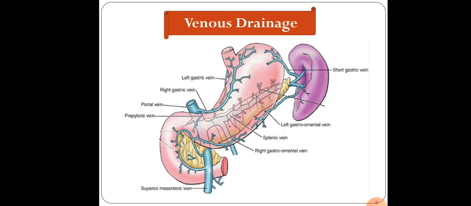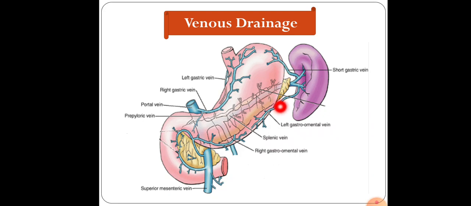Venous drainage of the stomach is by the right and left gastric veins corresponding to the arteries. The right and left gastric veins terminate into the portal vein.